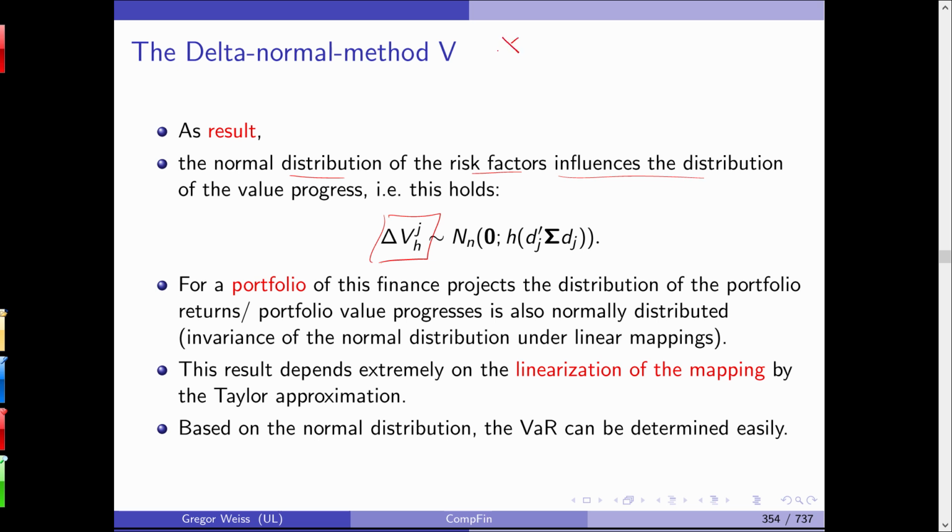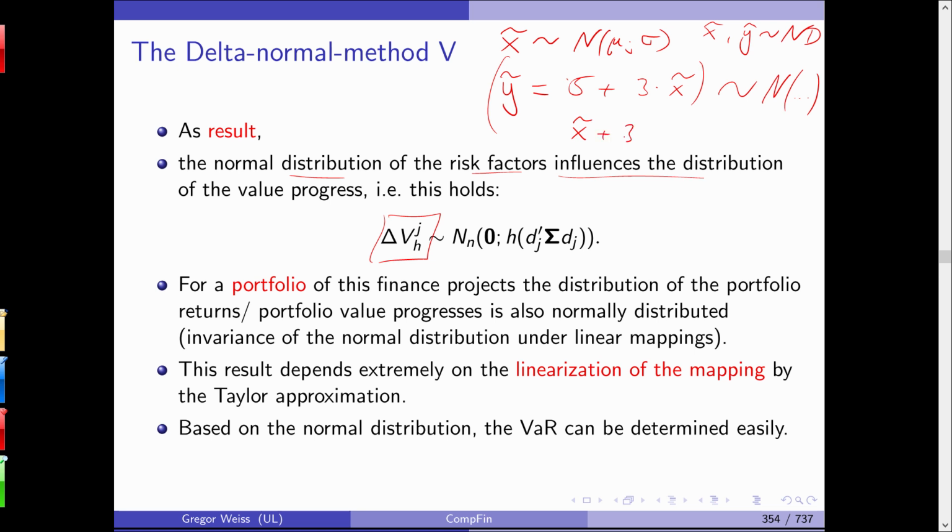So if you have x and, for example, you have y defined as a linear function of x, this is again normally distributed with some other parameters. Or if you have x and y normally distributed, x plus 3 times y, all these transformations yield again a normal distribution.